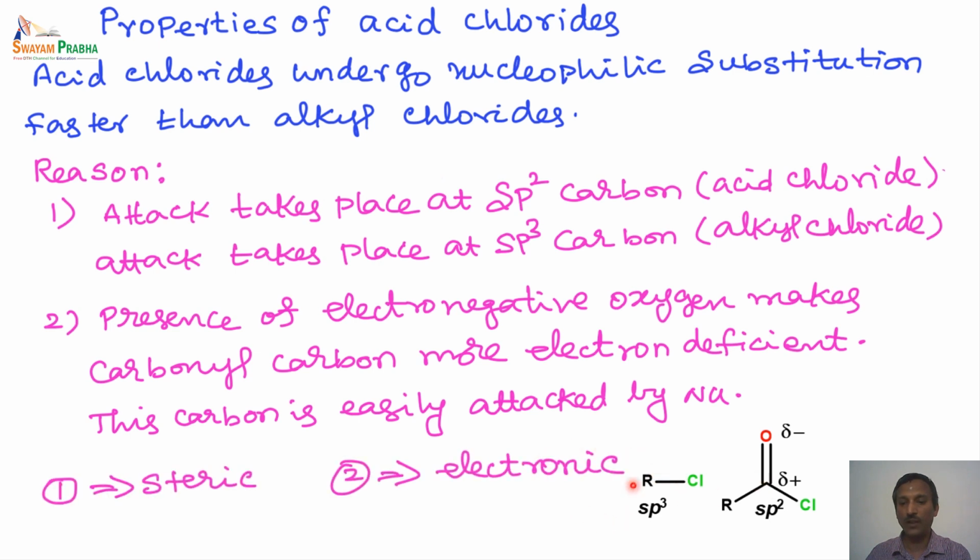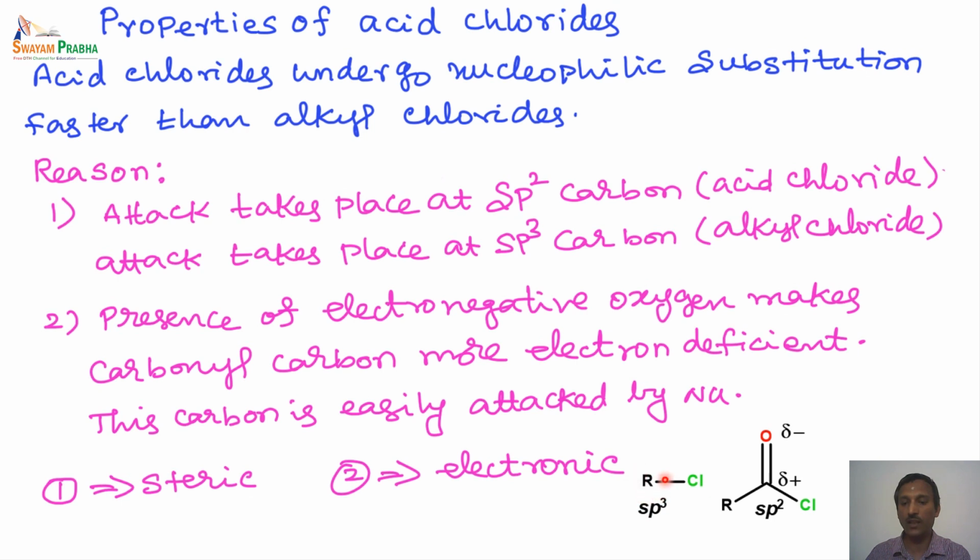The first one is the electrophilic reason, the other is the steric reason, that is the bulkiness, that is the hybridization sp3, which is a tetrahedral structure compared to sp2, which is a planar structure. So the attack of the nucleophile is far easier when it is a planar one compared to a tetrahedral carbon. So that is the reason the steric effect plays a deleterious role in the case of alkyl chloride.